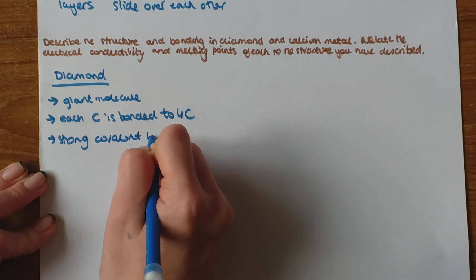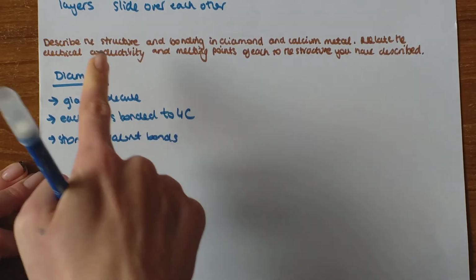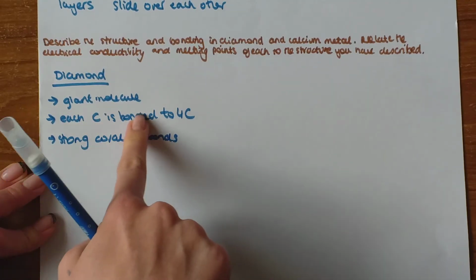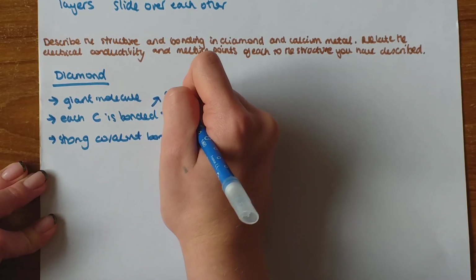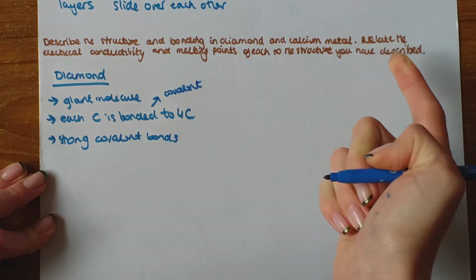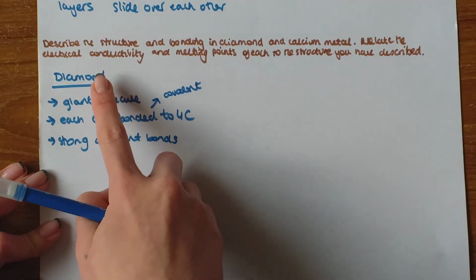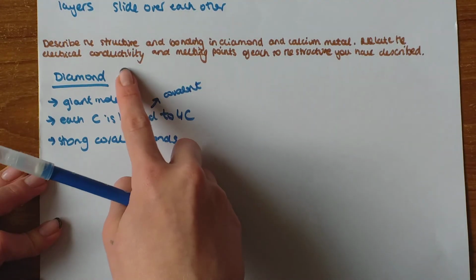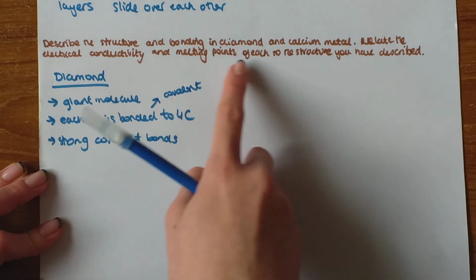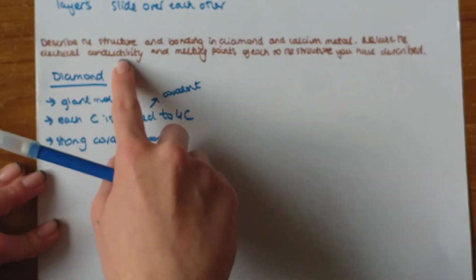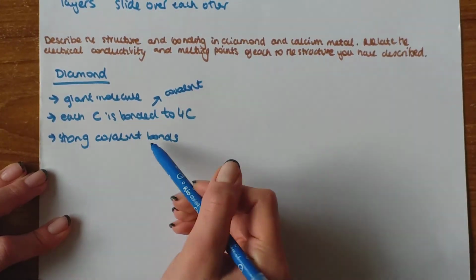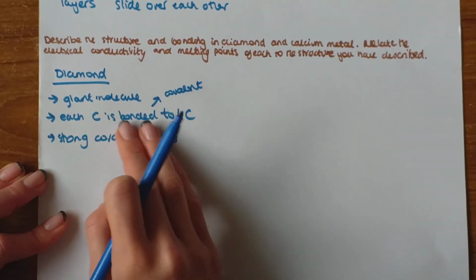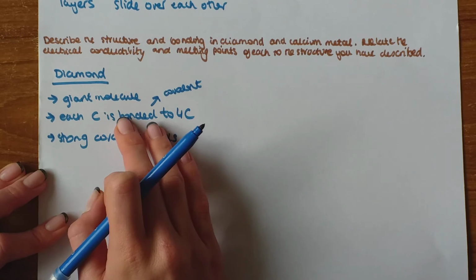What we're doing is describing the structure and bonding. Oh, and this bonding is covalent. And then relate these structures to electrical conductivity and melting points. Strong covalent bonds, this is the structure and bonding of diamond.